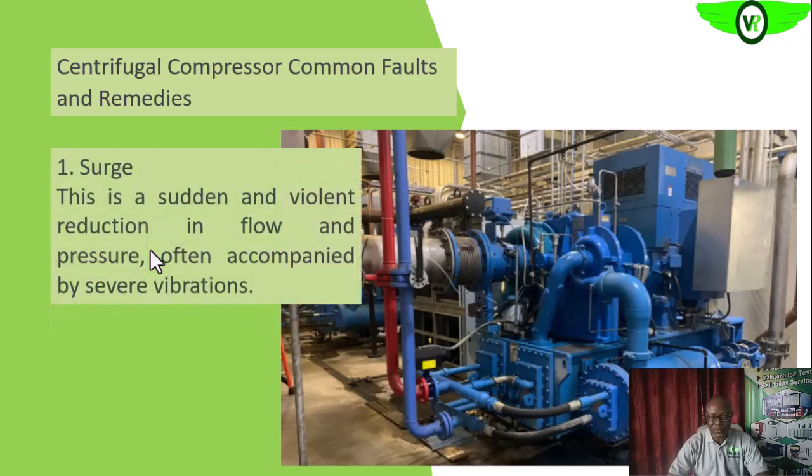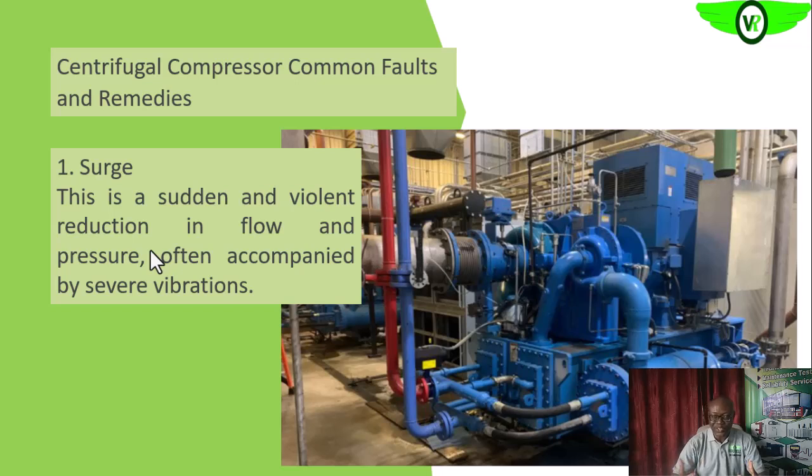So surge is like a sudden and violent reduction in flow and pressure. And the usual effect is that you see the equipment vibrating, okay, excessively. So surge usually is like a back pressure. That is when instead of the compressed gas discharging, it's not discharging.